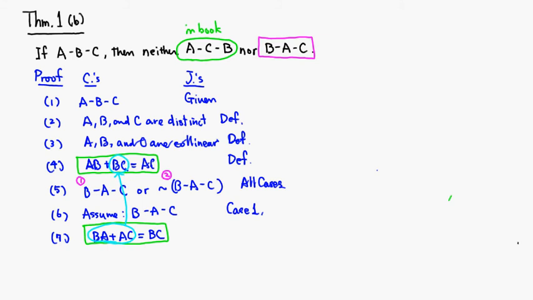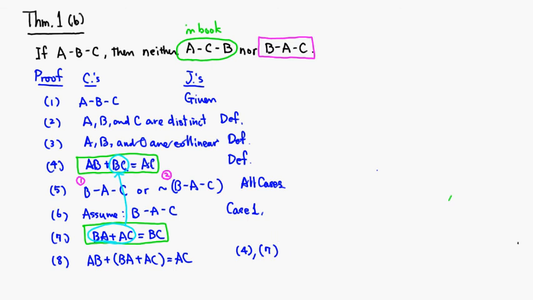By combining those two equations, we have AB plus, BC is now BA plus AC, and is equal to AC. This is from combining line number 4 and line number 7.